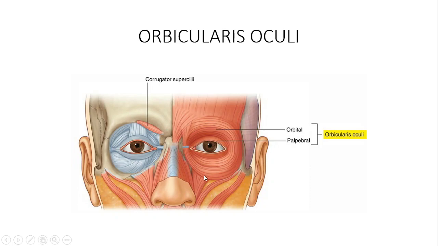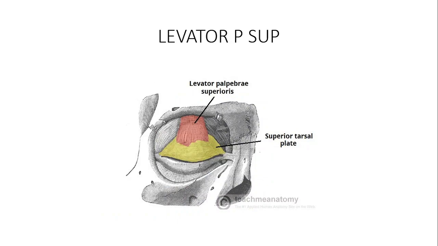At the same time, the muscle which helps us to open the eyelid is the levator palpebrae superioris muscle, innervated by the third cranial nerve, also known as the oculomotor nerve.